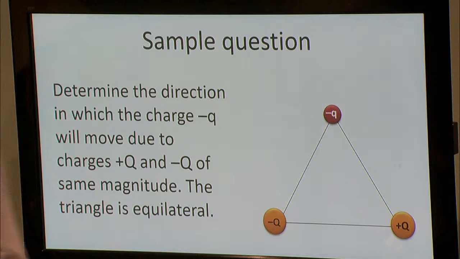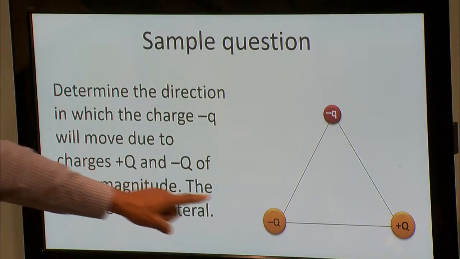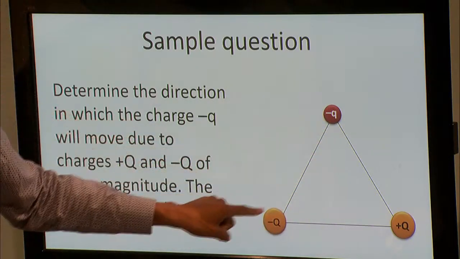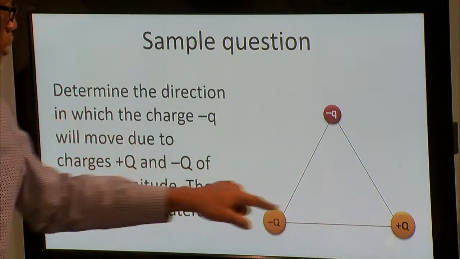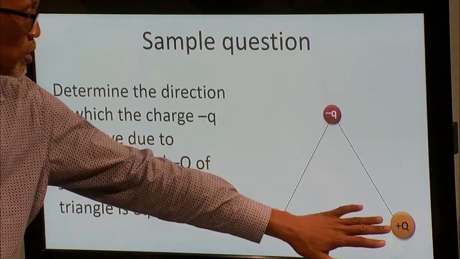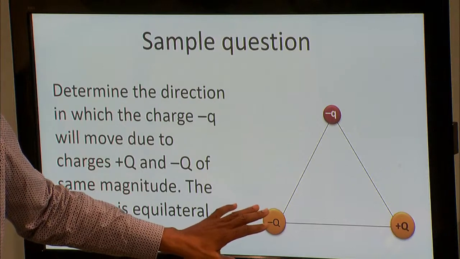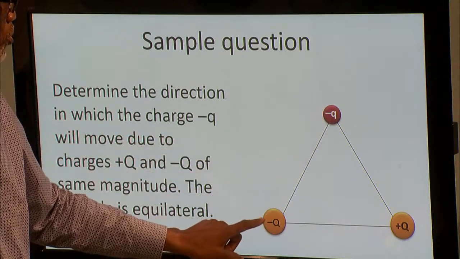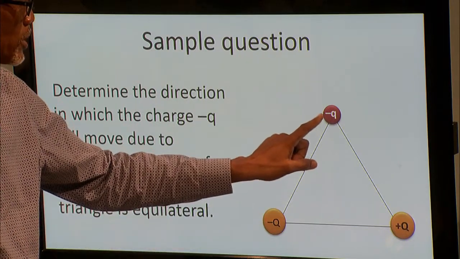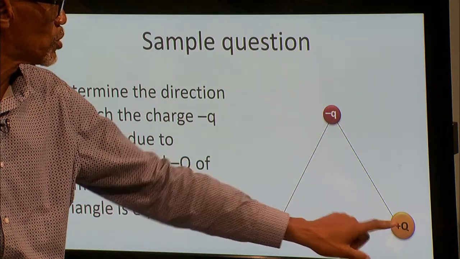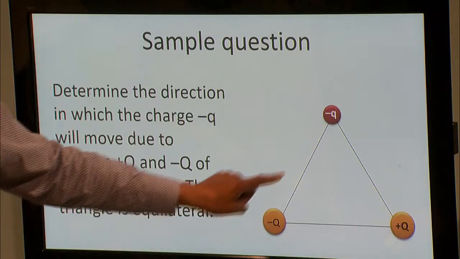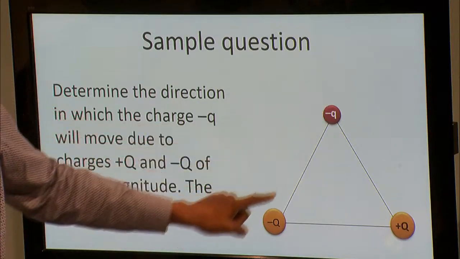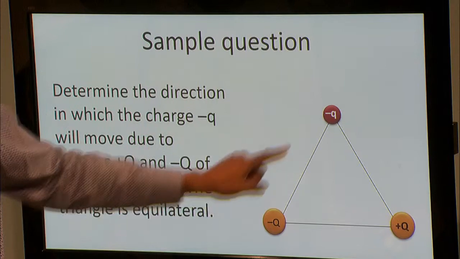Now remember, this charge is in the field of both of these two here, right? This charge is in the field of this one and in the field of this one. So this charge will experience a force due to this one, and it will also at the same time experience a force due to this one. So let's look at the direction of the force that this charge will exert here.